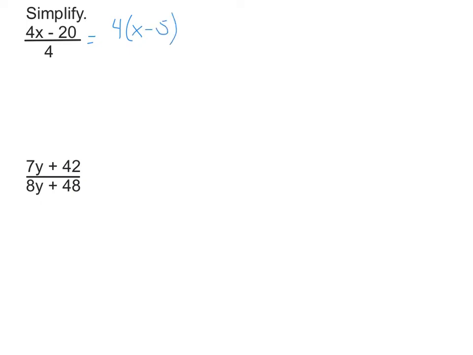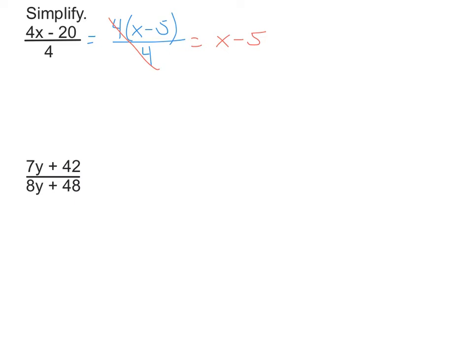So I'll factor this into 4 times x minus 5. Right, factor out the GCF of 4. If I distributed that back together, we would get 4x minus 20. Still all over 4. Now we have a 4 divided by 4, so we're taking a 4 out from both top and bottom. And so all we're left with is x minus 5.